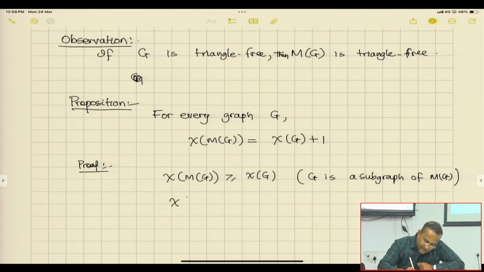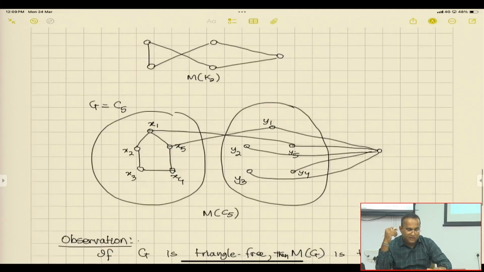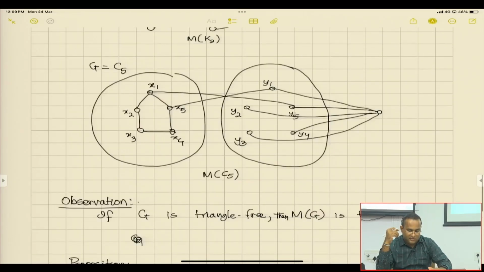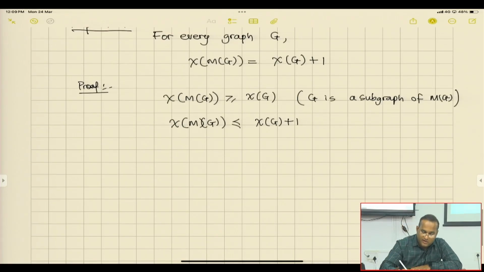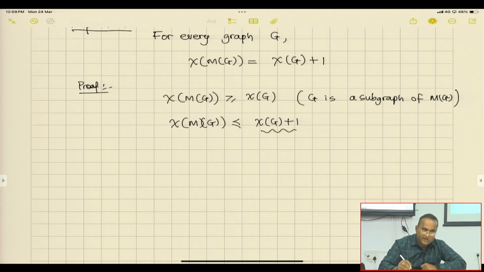Can we say that chi of M of G is at most chi of G plus 1? How to do that? We can do that, right? You take Z a new color, and for Yi you assign the colors of the Xi's, right? So this can be done, right?